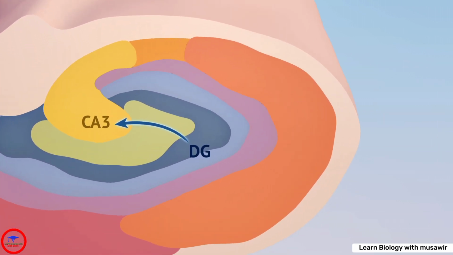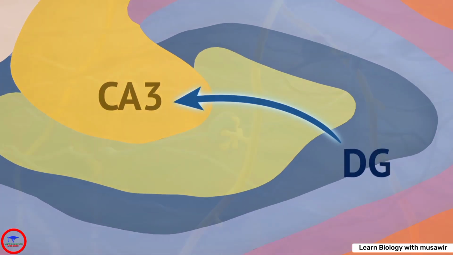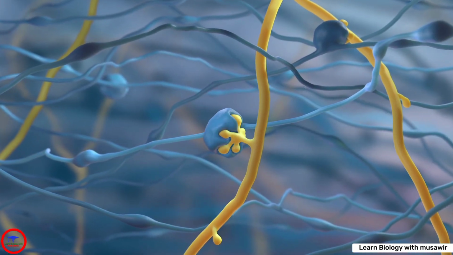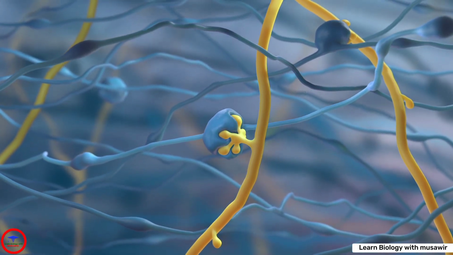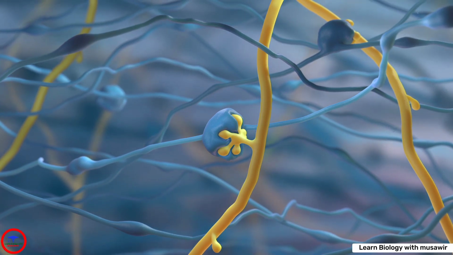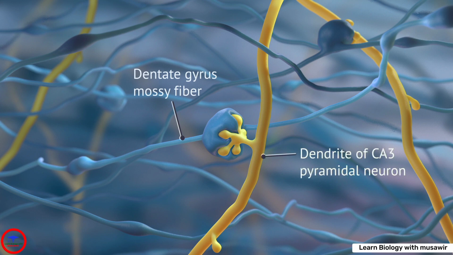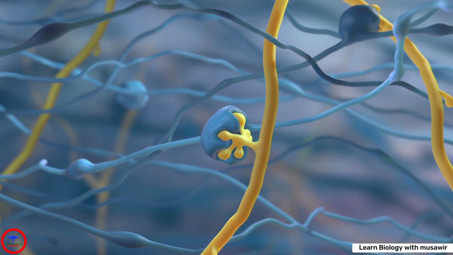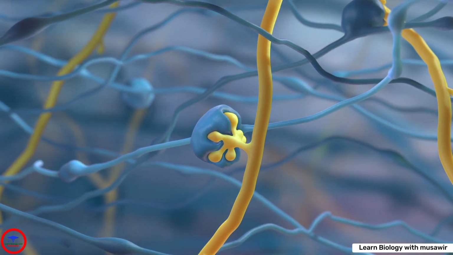Within the hippocampus, a major synapse occurs between the dentate gyrus and CA3. Here, the thin unmyelinated axons of granule cells in the dentate gyrus, called mossy fibers, synapse onto apical dendrites of CA3 pyramidal neurons. These mossy fibers are characterized by their many large presynaptic expansions, or giant boutons.